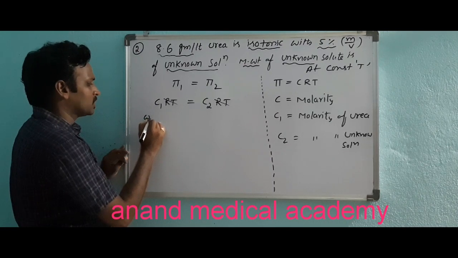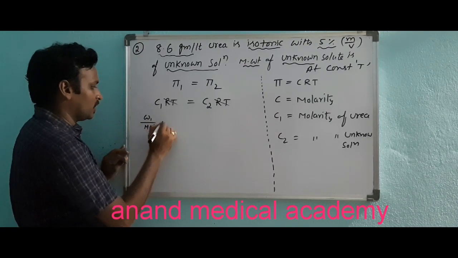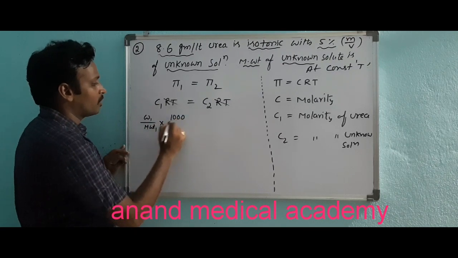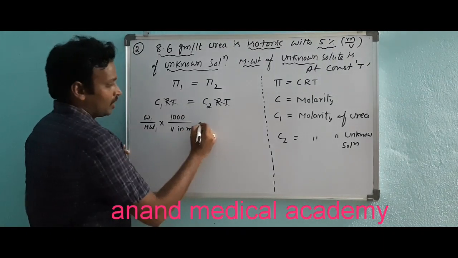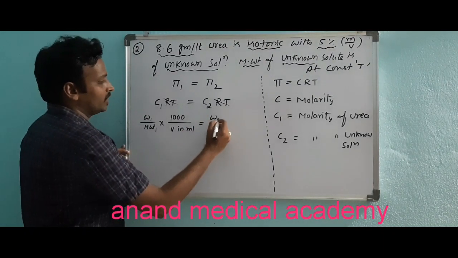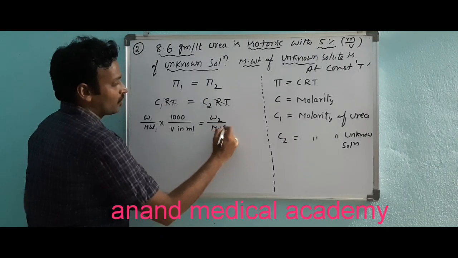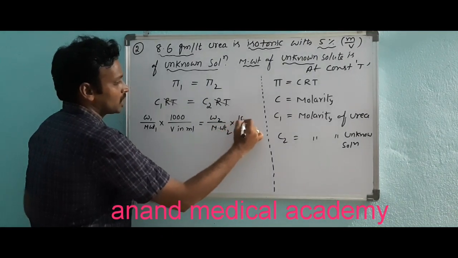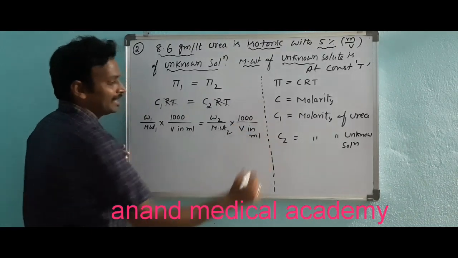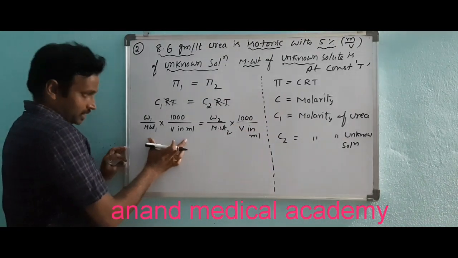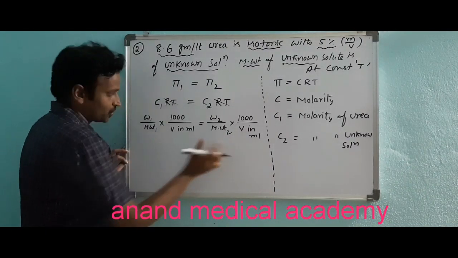Weight, W1, by molecular weight 1, into 1000, by volume in milliliters. And here it is W2 for the unknown one, C2, by molecular weight 2, into 1000, by volume in milliliters. These are for urea and these are for the unknown solution.